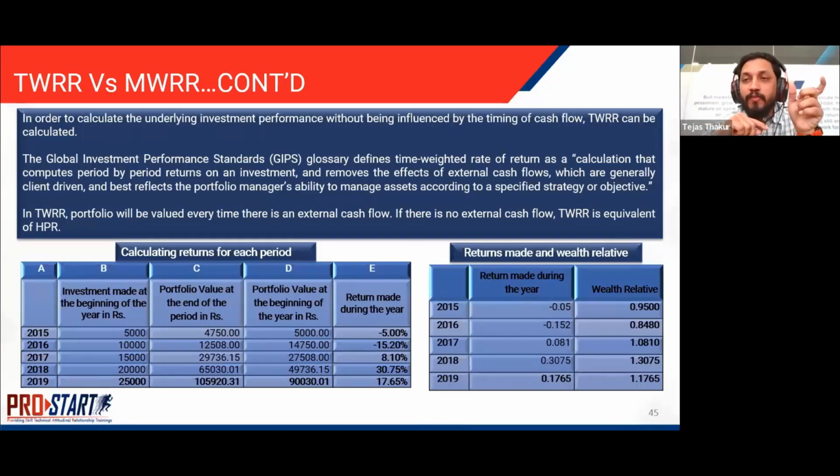Or in our example, on a base of 10, the wealth relative was 15 with first year returns of 50%. So this is exactly what this is doing. This is on a base of 1; I was doing it on a base of 10.